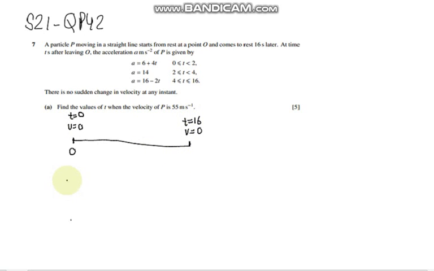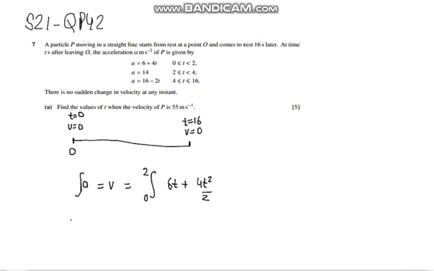So let's first check the interval 0 to 2 seconds, for which the acceleration is 6 plus 4t, and see the velocity. The integral of a, which is the velocity in this case, from 0 to 2 of 6 plus 4t is 6t plus 4t^2/2.